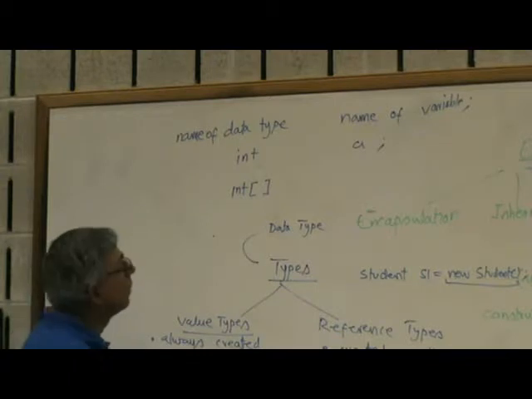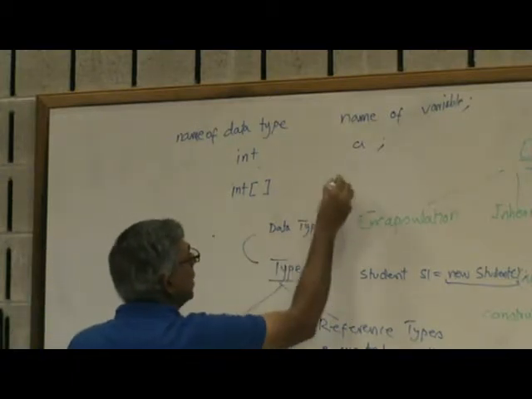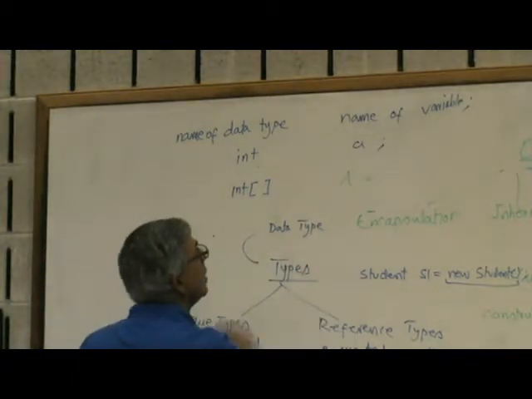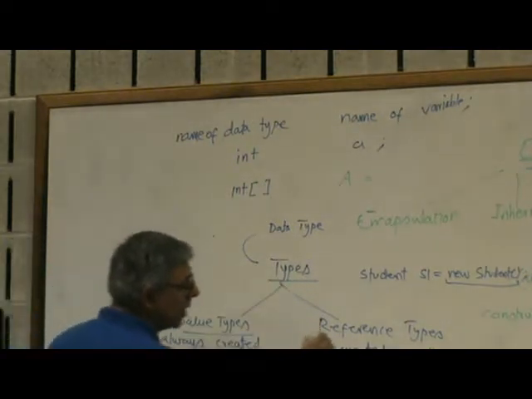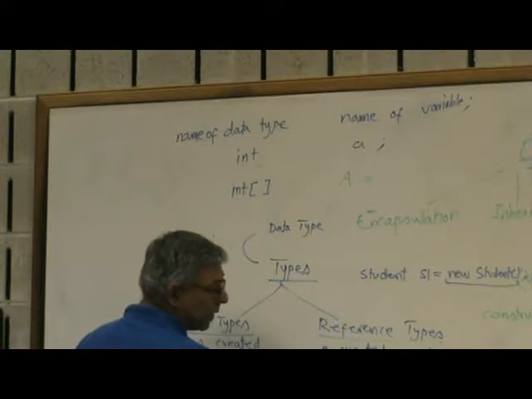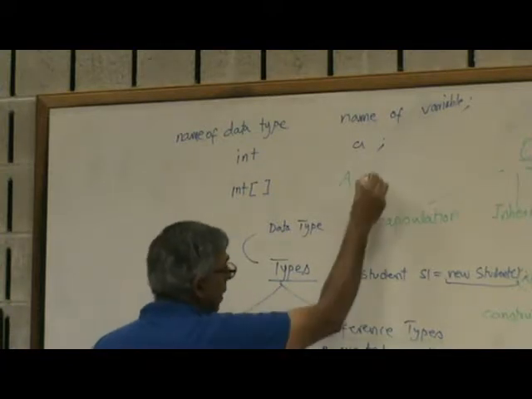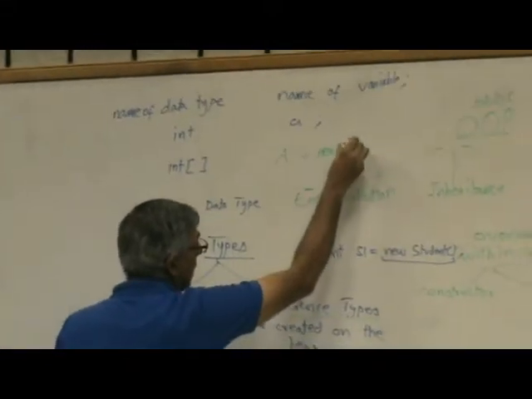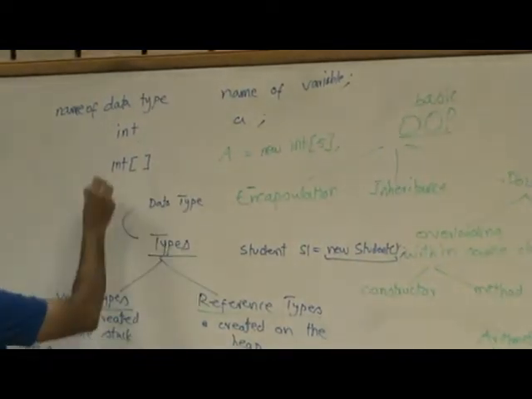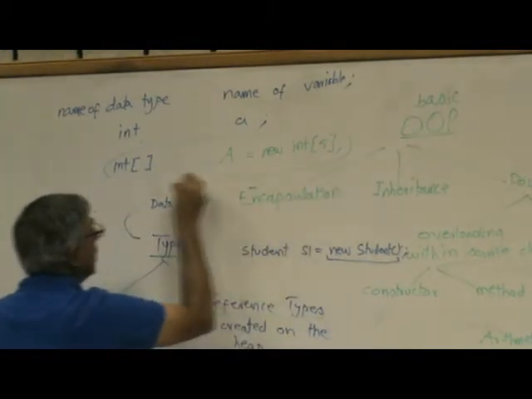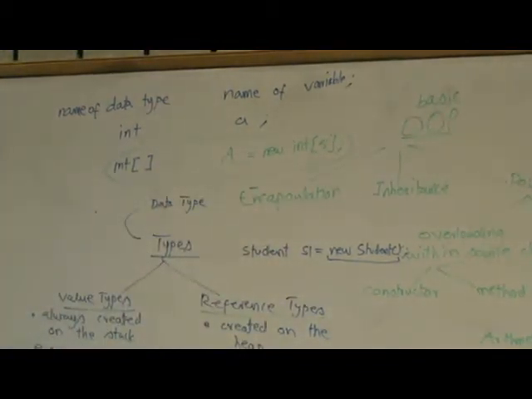So the way we will declare an array will be int, for example, A. But remember we said this is a reference type, so the memory has to come from the heap. So now you will further say new int of 5 as an example. This is the total declaration for creating an array.